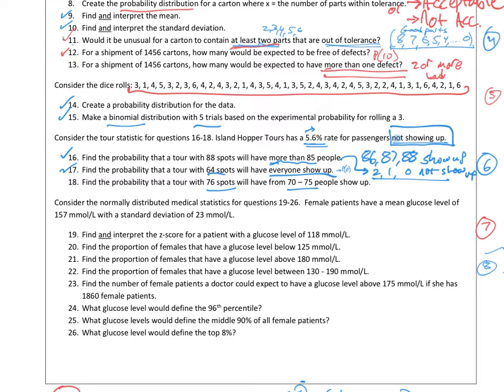If I subtract that from 1, we'll get 94.4%, and you could use that for probability that they will show up. Okay. So you could use that as well there. But let's keep going with the not showing up, all right?